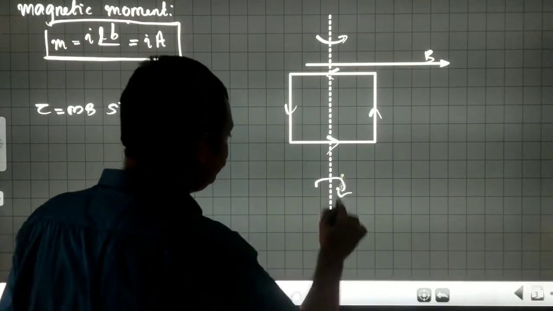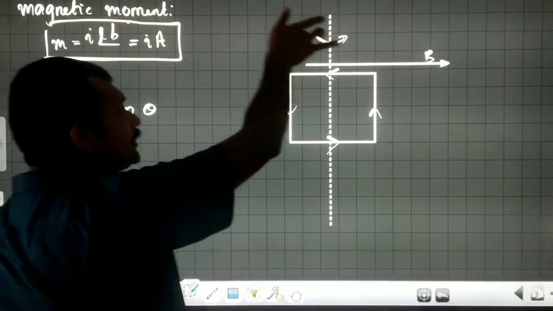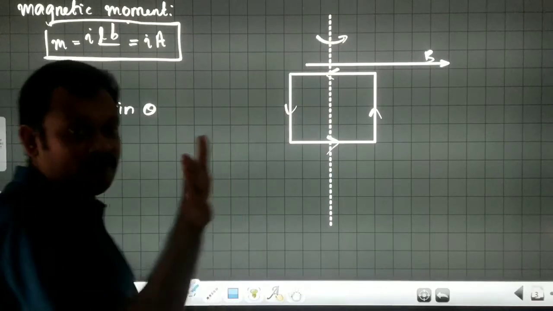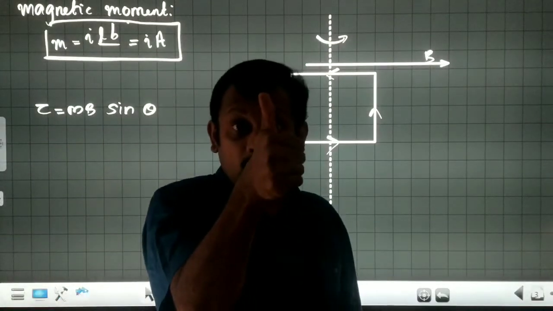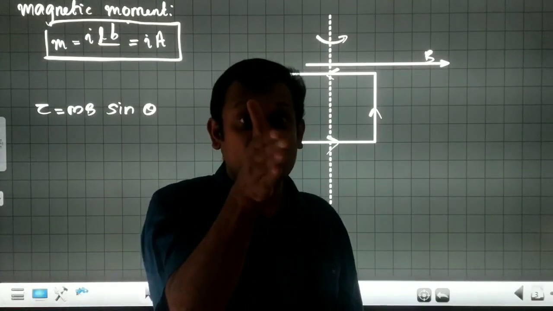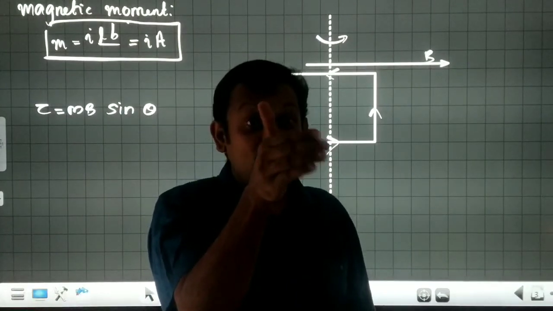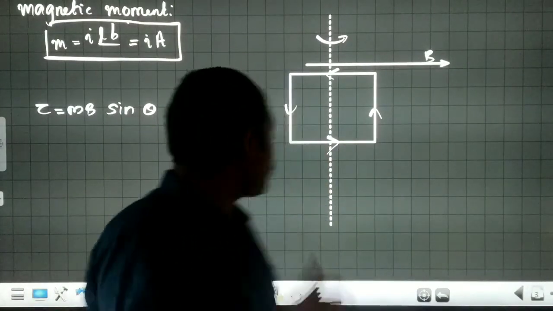That is right, because we have seen the sense of rotation likewise, which means M cross B. So torque cannot be B cross M, it has to be M cross B.